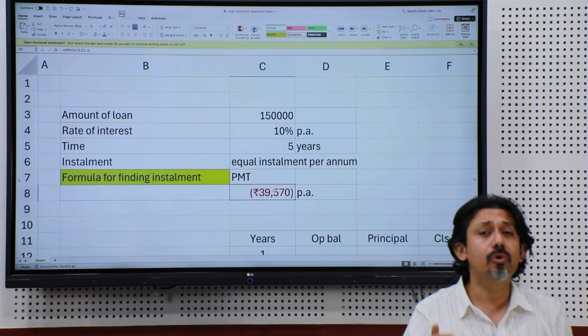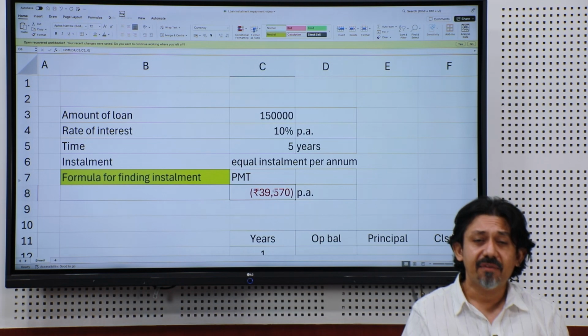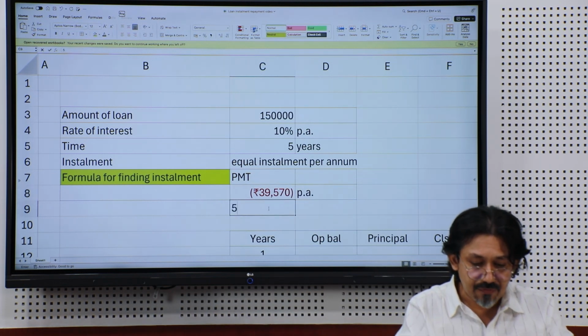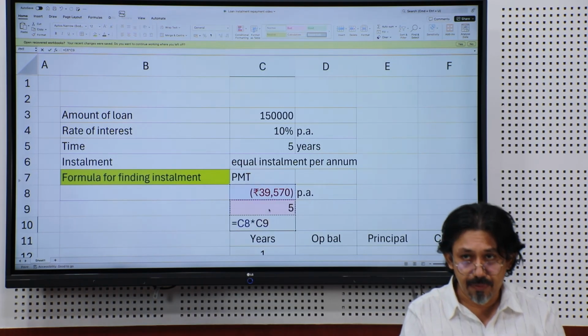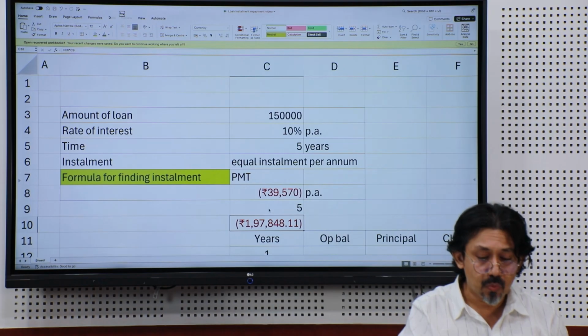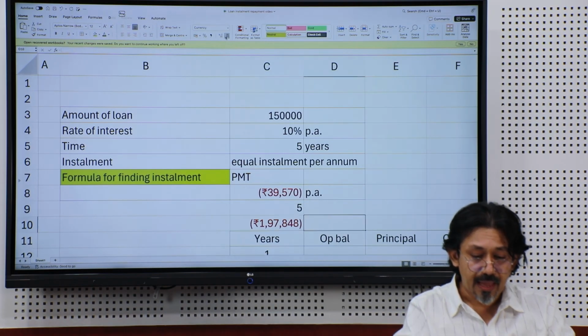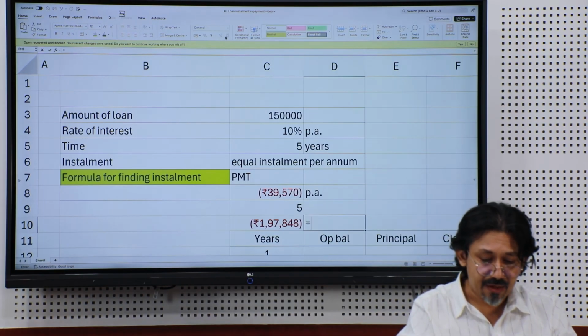If I want to now look at a loan repayment table, typically if I am going to pay 39,570 for 5 years, and if I multiply these two cells, 39,570 multiplied by 5, what do I get is 1,97,848, and 1,50,000.